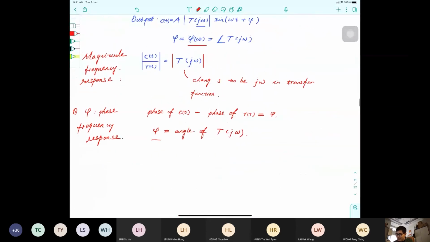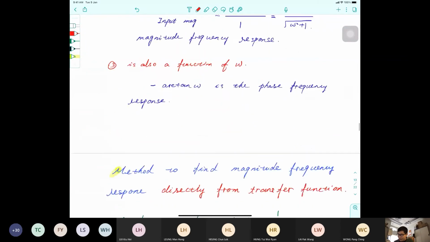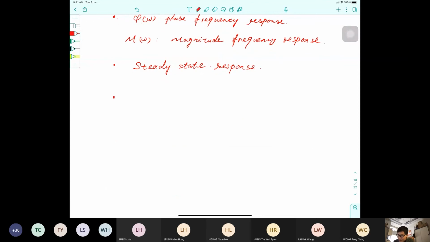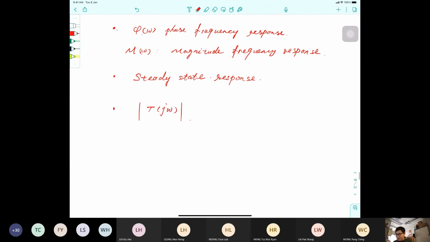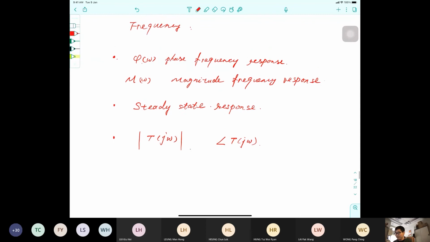We compare the input and output in phase and amplitude, right? And we use the transfer function to determine the magnitude frequency response and phase frequency response. And we used a first order system as an example to show the frequency response.